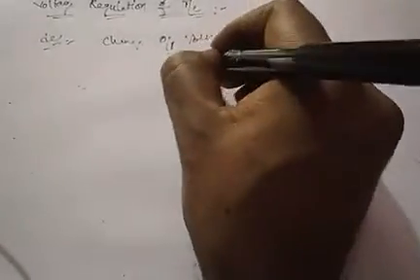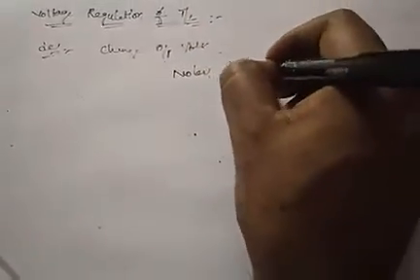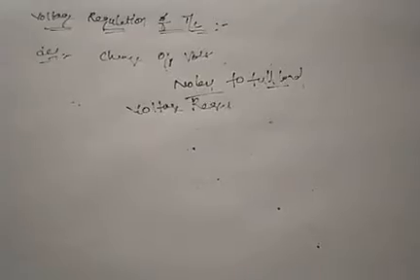Voltage regulation: change in the output voltage from no load to full load. Change in the output voltage from no load to full load, we can call it voltage regulation.